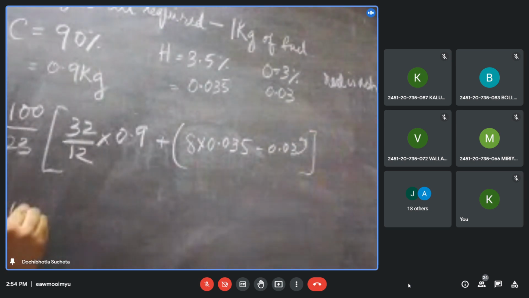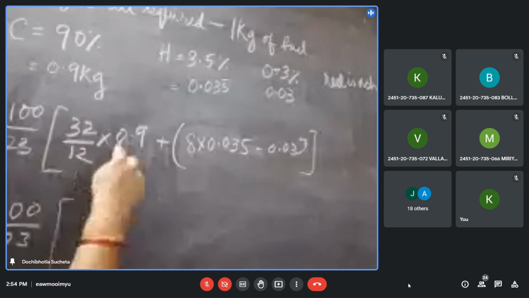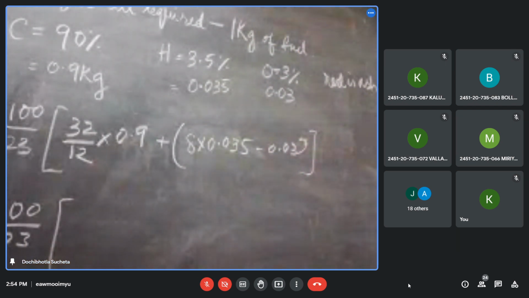That will be equal to 100 by 23 into 32 by 12 into 0.9, which equals 2.4.